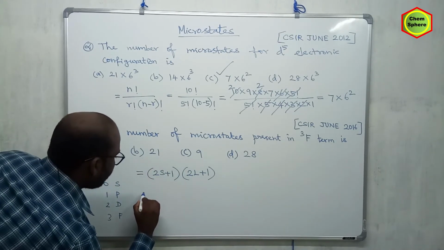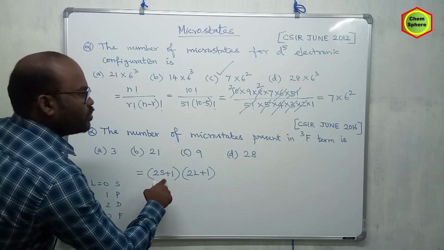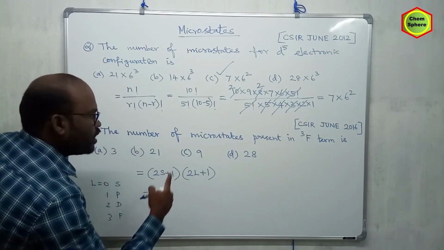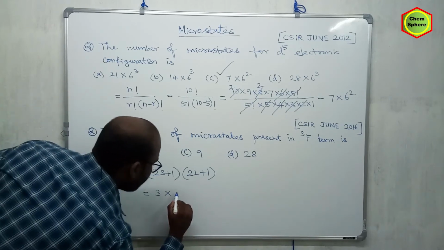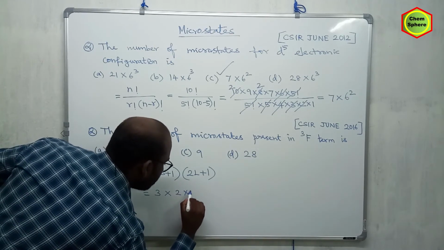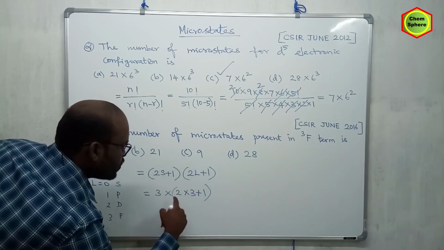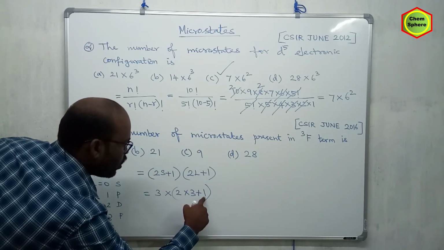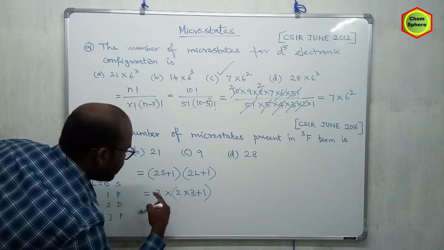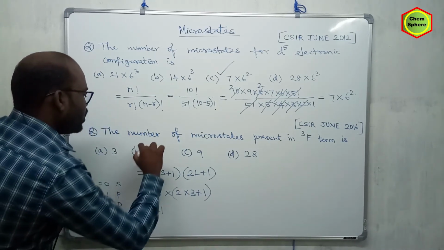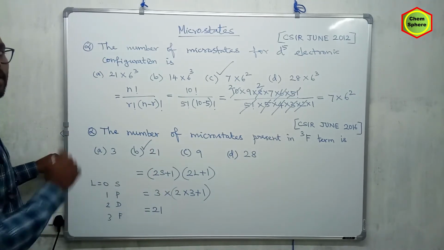When we apply the formula 2S plus 1, that is spin multiplicity, triplet, it is 3 into the L value for F, 3, 2 into 3 plus 1, 2 into 3, 6, 6 plus 1, 7, 7 into 3, 21. 21 will be the answer. B is the correct answer.